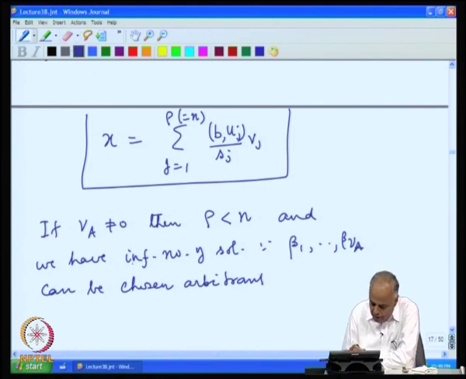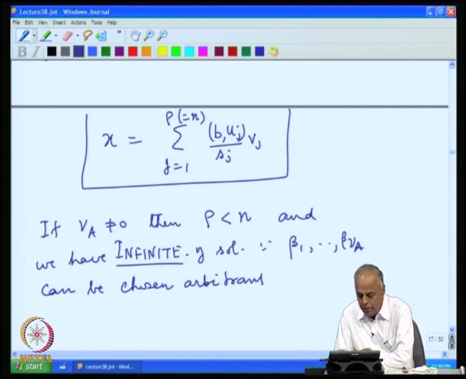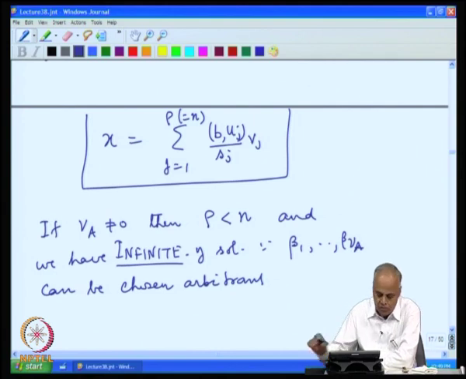So, when rho is less than n, we have infinite number of solutions. When rho was equal to n, we have a unique solution. When rho is less than n, we have infinite number of solutions.